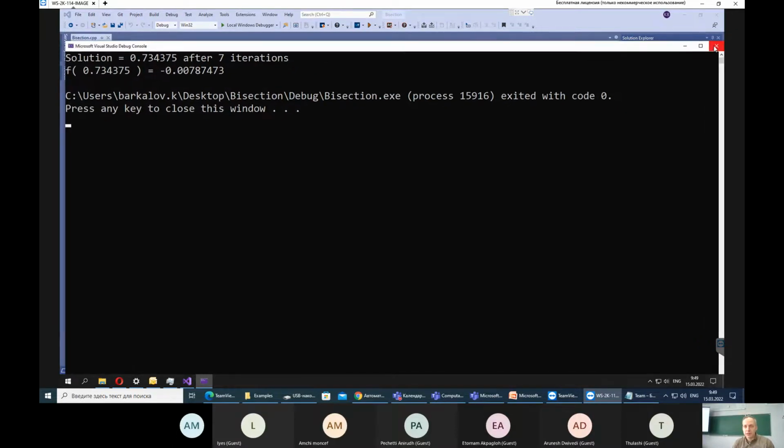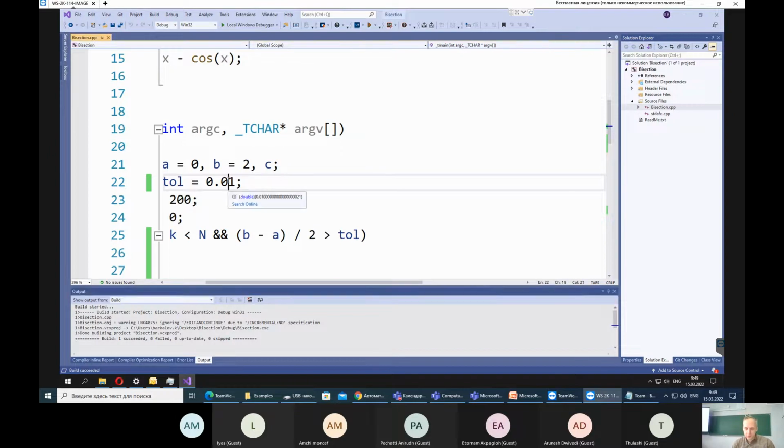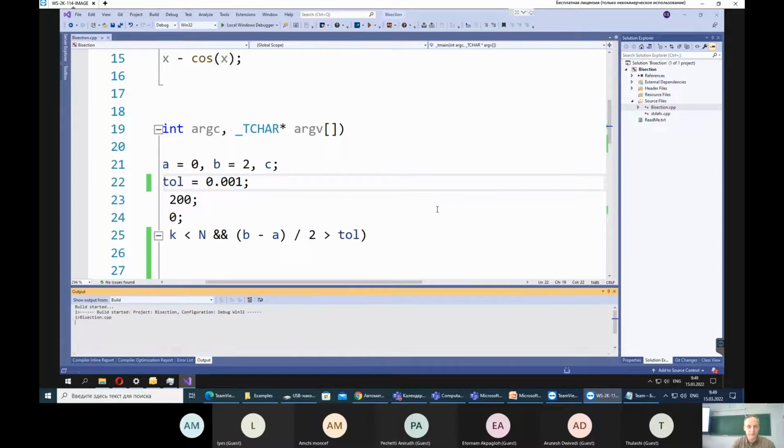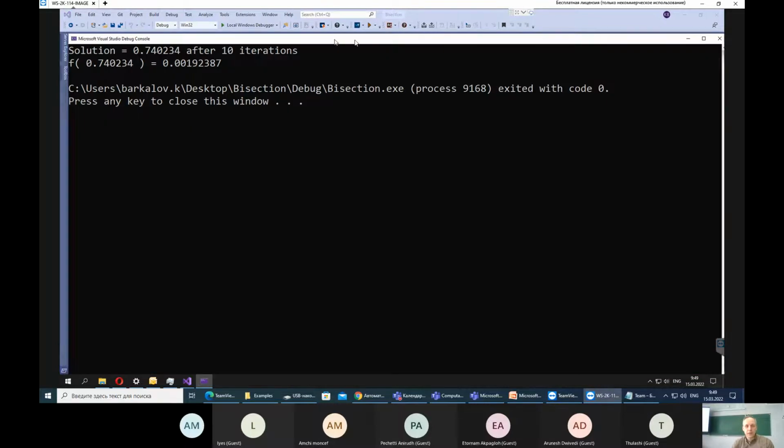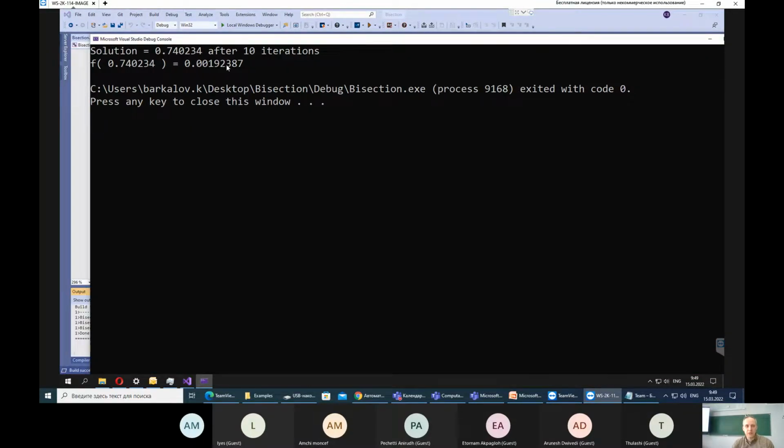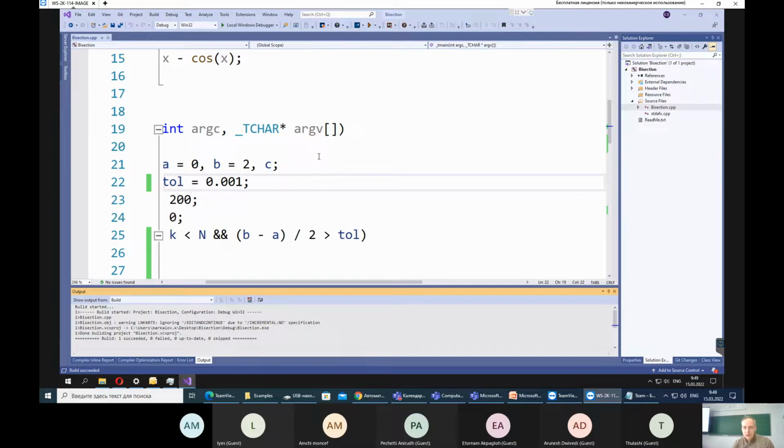If I decrease the tolerance, let's take 0.001. The number of iterations increased, and the value becomes closer to 0. I think you understand, the smaller we take the tolerance, the more correct solution we get.